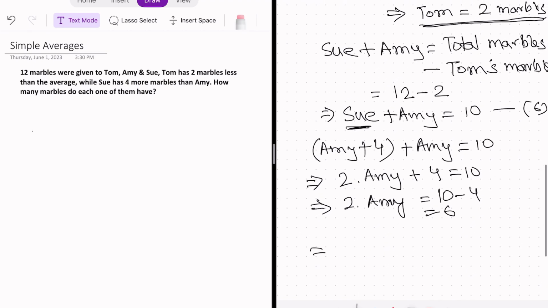So if I simplify this equation, I will get Amy will have 6 divided by 2, or 3 marbles.